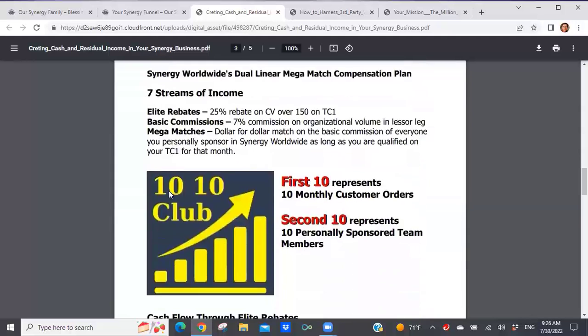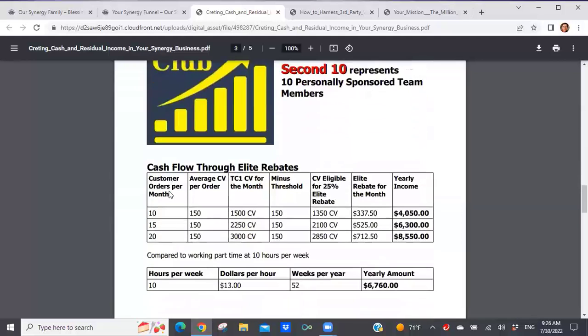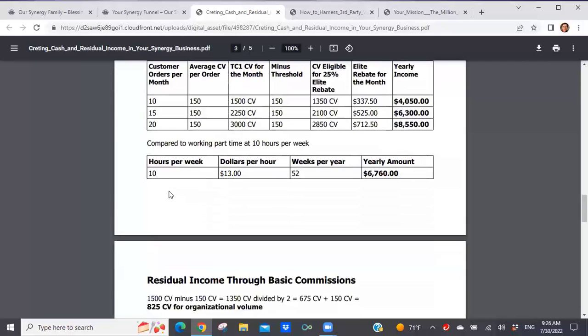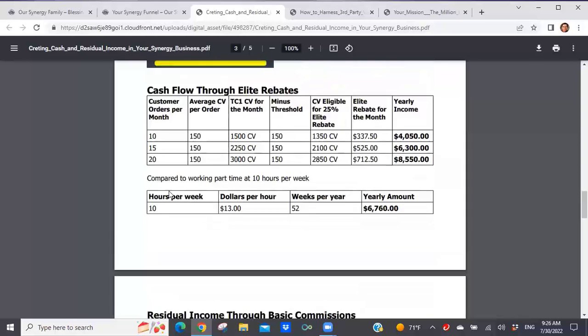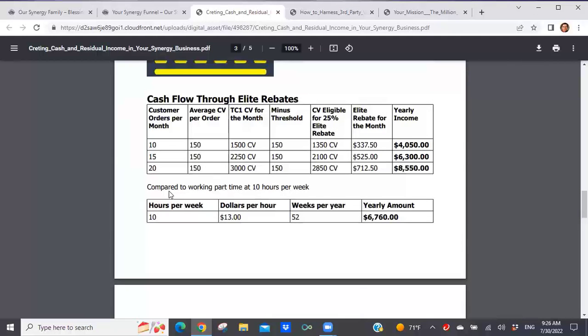You can help them see the 7 streams of income and how all that can be to their advantage, just by looking at customers and building their Synergy business around customers. As you can see, if I had 20 customers and I averaged 150 CV a month, just with 20 customers I'd equal or surpass what I was doing in a part-time job.